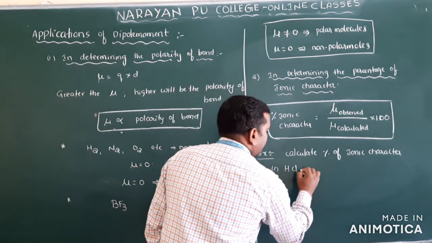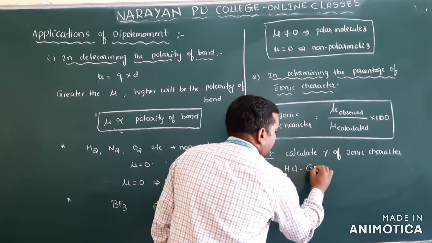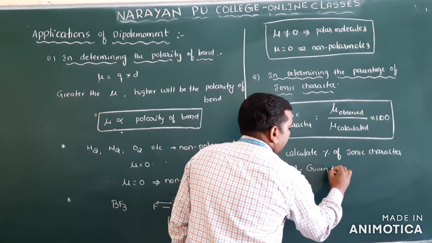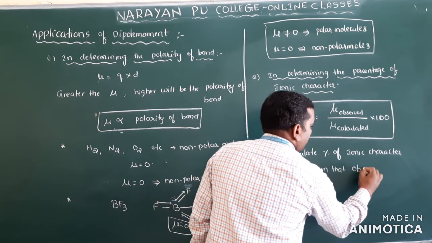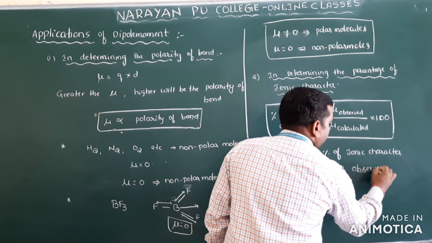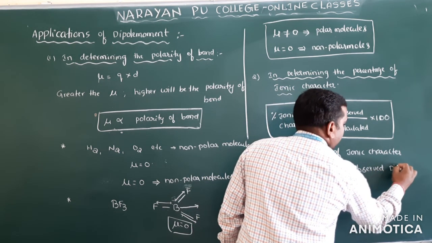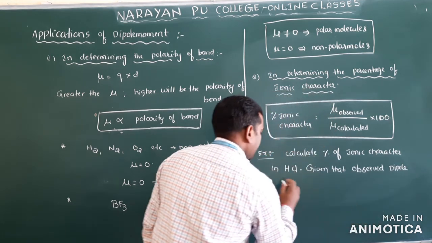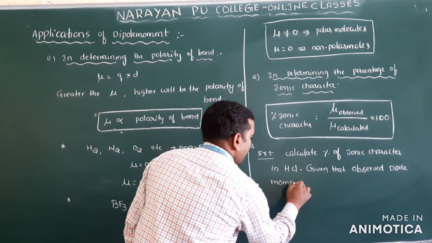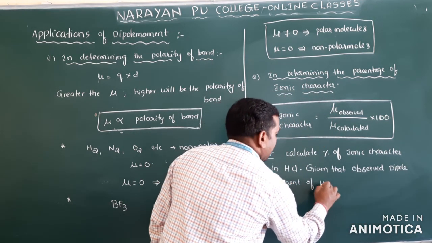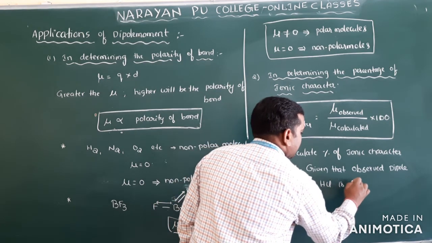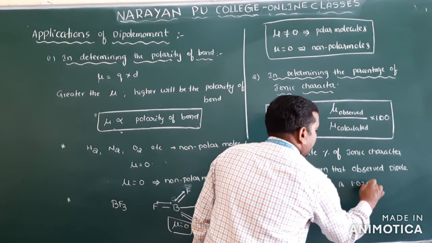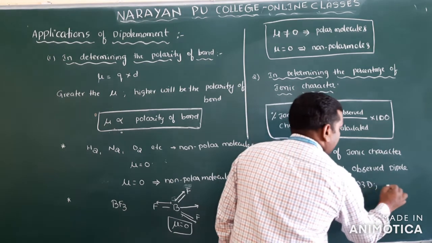Clear? In HCl. Given that the observed dipole moment of HCl is 1.03 D. Clear?